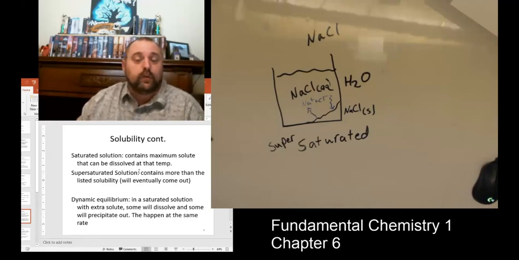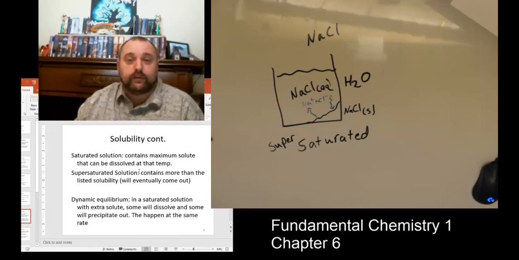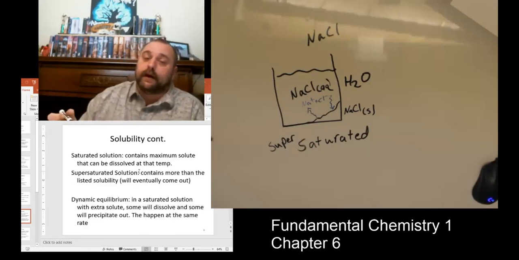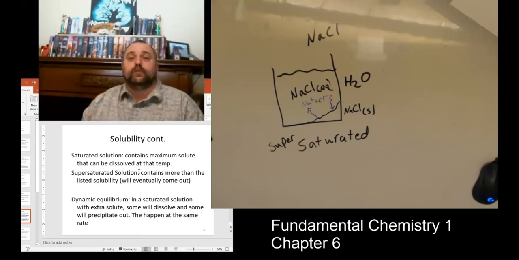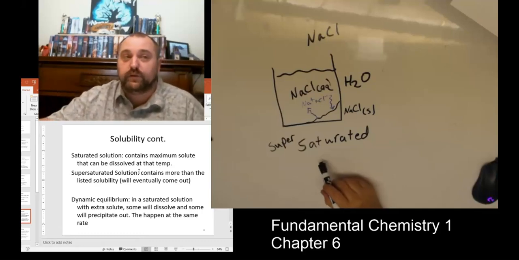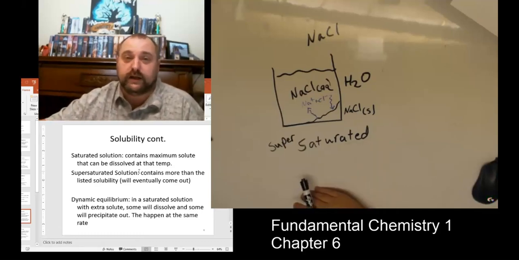It'll come out one molecule at a time, and it'll form these large crystals. If I cool it down real fast, it'll come back out as a powdered sugar again, and it won't be super pure. It just comes out all at once, and anything else that was in the water comes out at the same time.